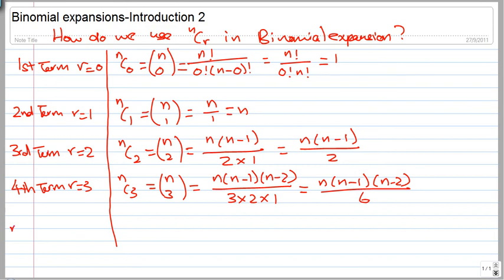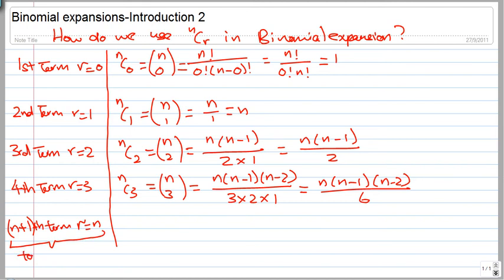Finally, the n plus 1 term. In this case, your r is equal to your n. Now this is a very important concept in the binomial theorem. There's a total of n plus 1 terms for any expansion of a plus b to the power of n.